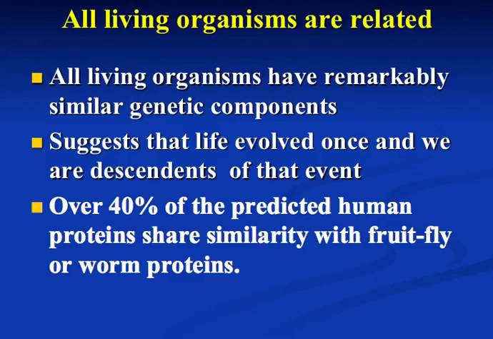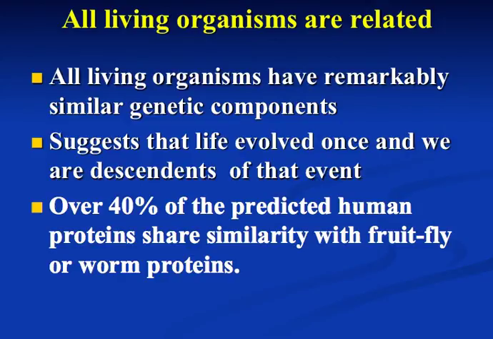Other things that have been learned from the Human Genome Project is that all living organisms are related, that we have remarkably similar genetic structure to many, many animals, and even back to bacteria. You can see similar organizations, the same nucleotides, similar genes, etc. And this suggests that life evolved once and we are all descendants of that event. Also interesting is that the predicted human protein sequences are very highly conserved.